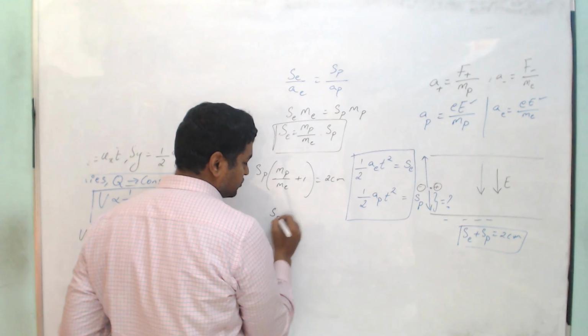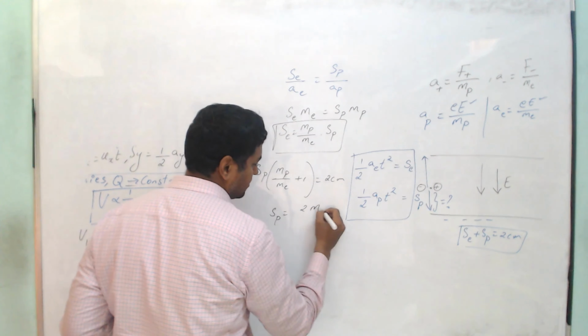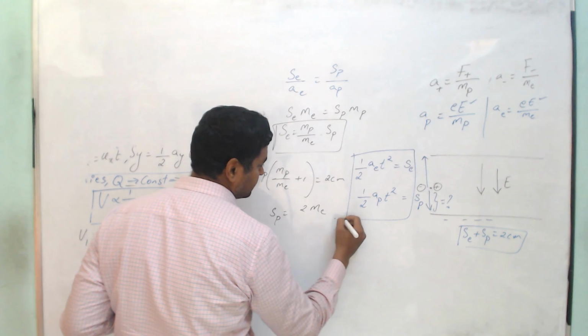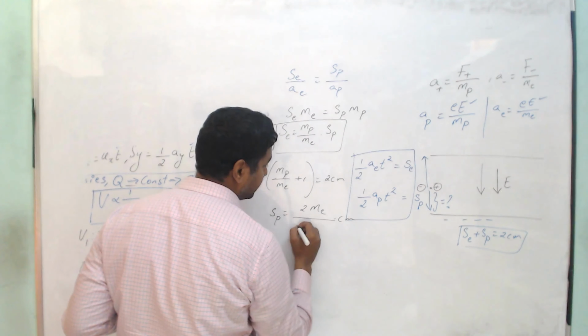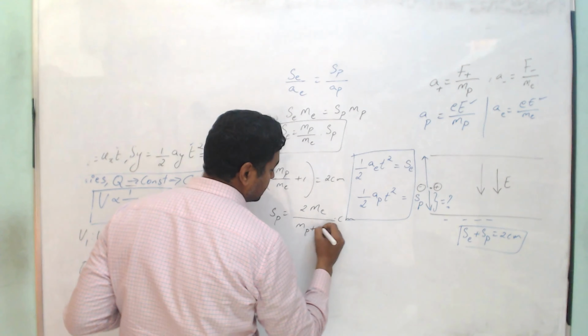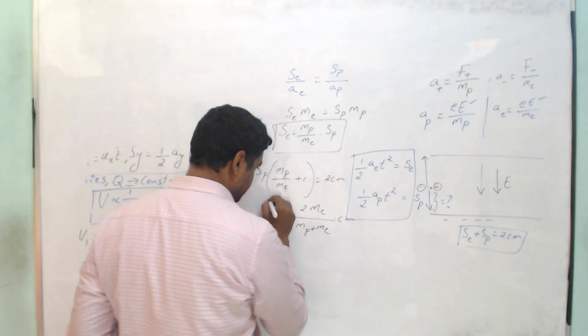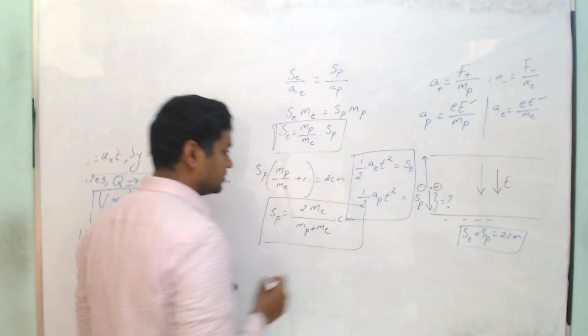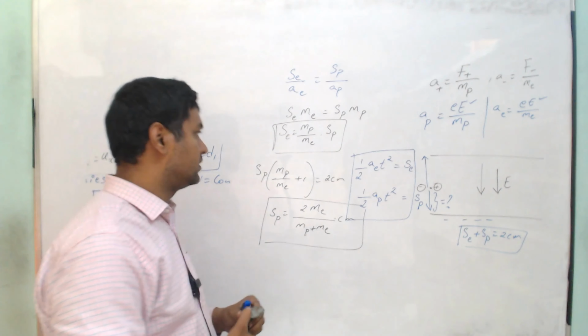You get SP, the distance, this is in terms of centimeter by the way, divided by MP plus ME. Is this clear?